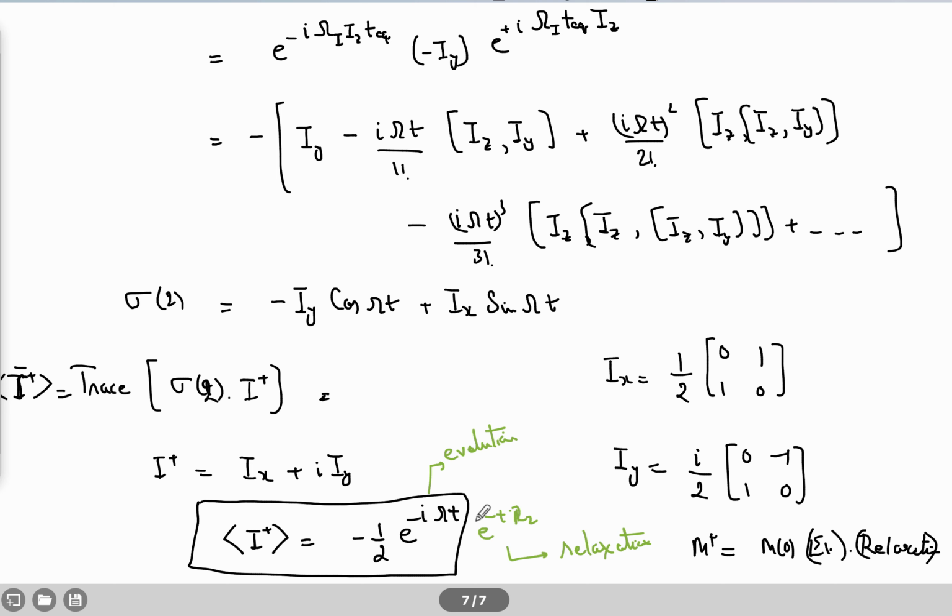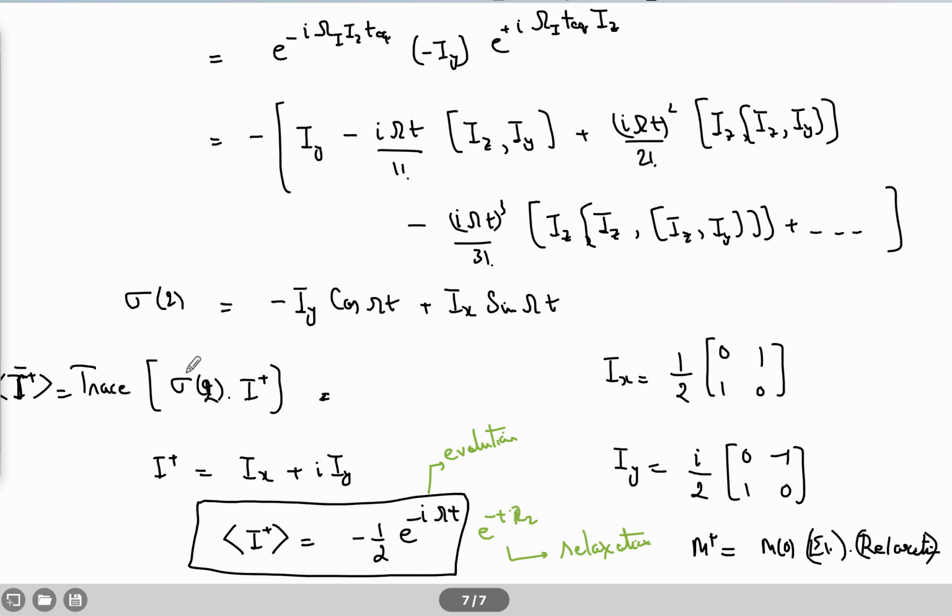So the forms were very, very similar, and now using the quantum mechanical picture also we have arrived at a similar conclusion that the NMR signal is of this type of form where the evolution is happening at the offset frequency followed by the relaxation, right?